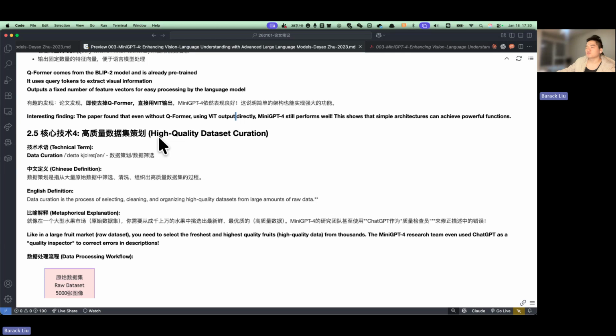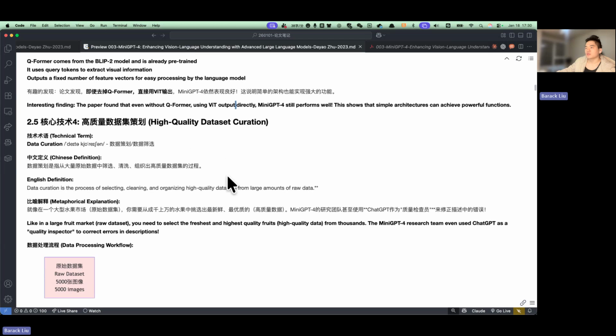Technology 4, high-quality dataset curation. Data curation is a process of selecting, cleaning, and organizing high-quality datasets from large amounts of raw data. Like in a large fruit market, you need to select the freshest and highest quality fruits from thousands.